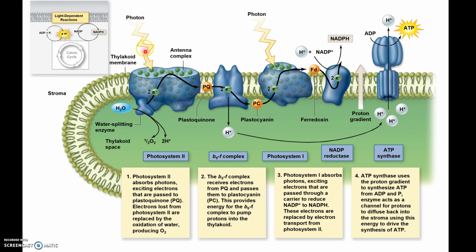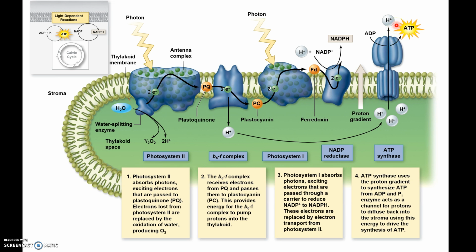So the solar energy moved to bouncing electrons, moved to hydrogen ions being pumped against their gradient, to allowing them to move through this ATP synthase, and now I get ATP.